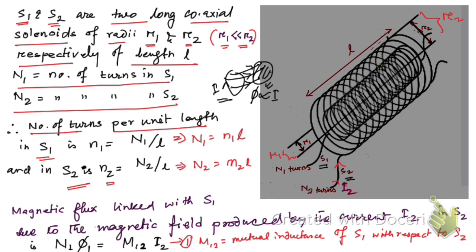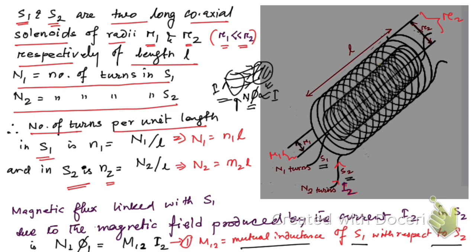So that's why here we have this flux in the secondary coil S1 due to the current in S2, and these two should be proportional. And in the case of a single turn we used to write phi. If we have N number of turns, we multiply by capital N, the number of turns. So here it is proportional to this current, and if you write an equal sign, then we need this constant M12, which is the mutual inductance of S1 with respect to S2.